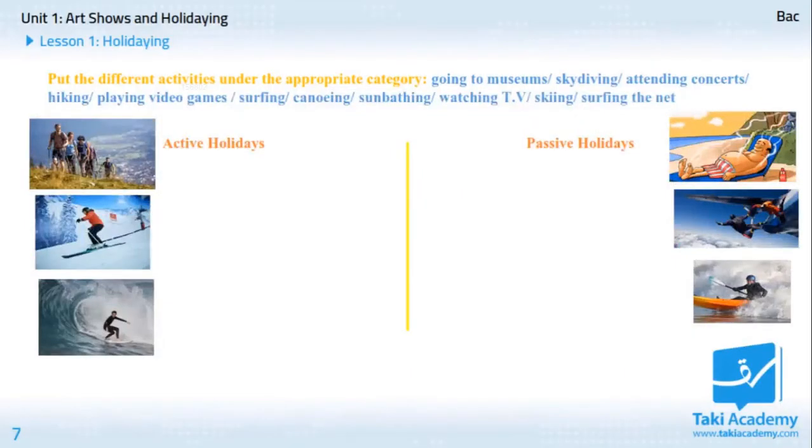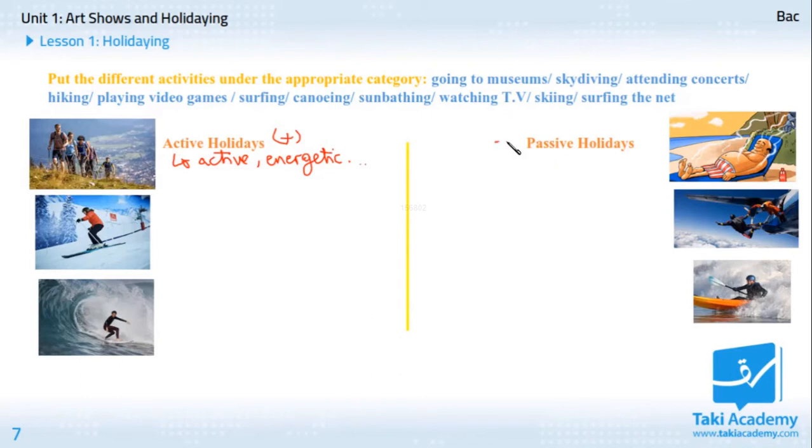Now, here we will look at the 2 different ways in which people can spend their holidays. So you can either have an active holiday or a passive holiday. So what do we mean by an active holiday? So in an active holiday, you are active, you are energetic, you are doing something, okay?